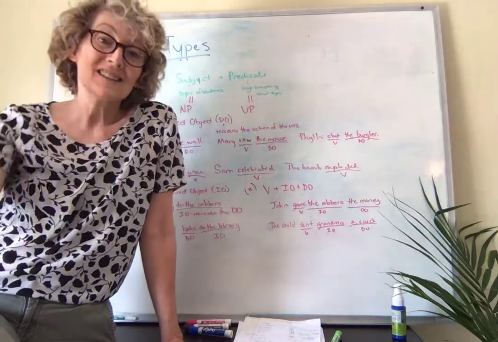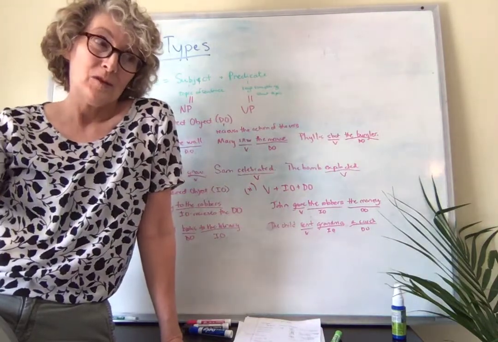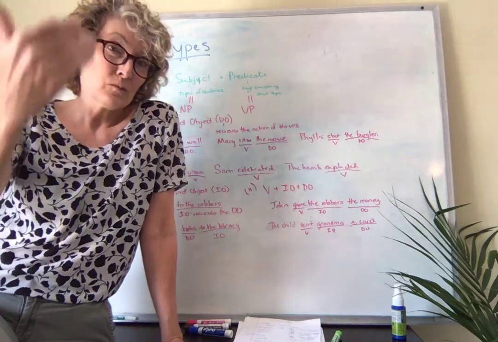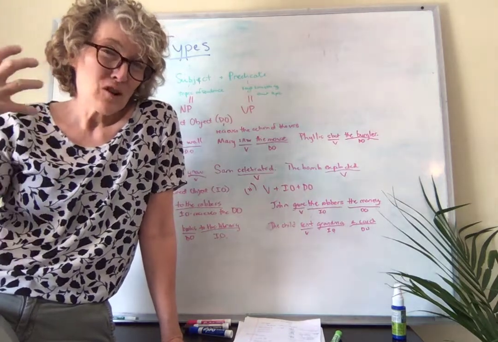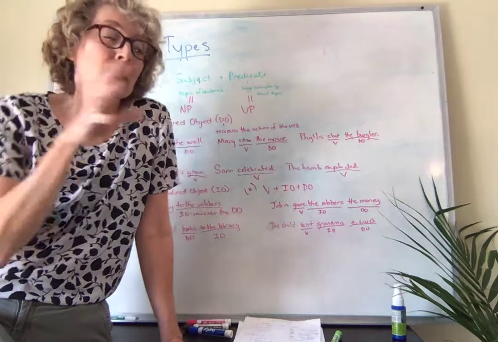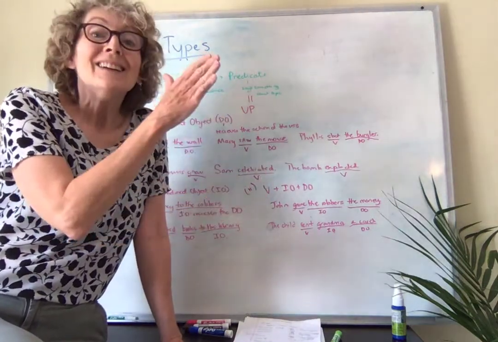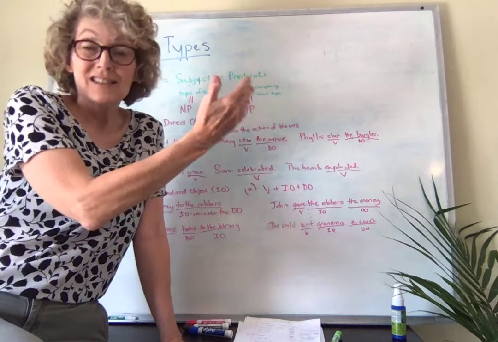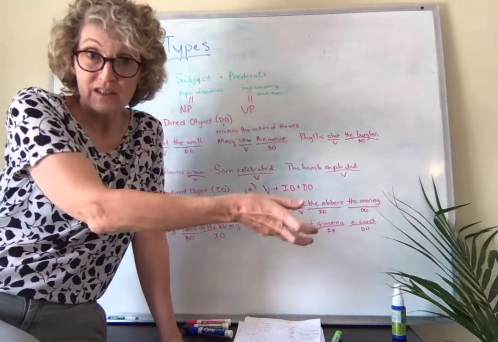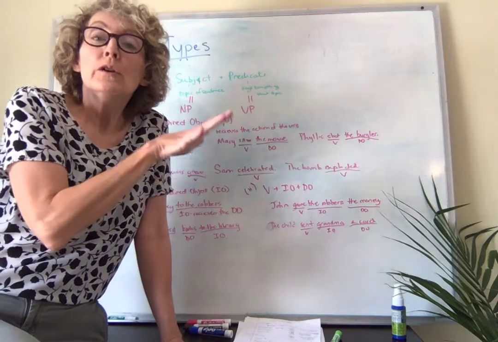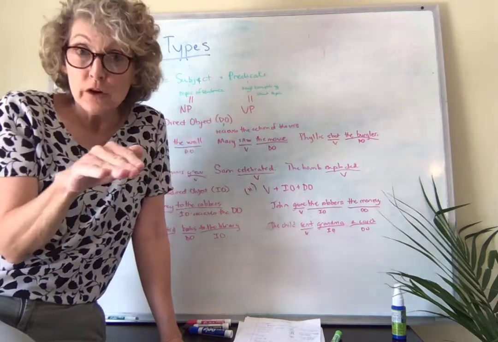The birds sang yesterday. You wouldn't say the birds sang tomorrow, because you have a clash in the meaning there. So whenever you have tense markers, you know you have a verb, and as you have a sentence that is comprised of just a subject and a predicate, you know 100% that that's intransitive.